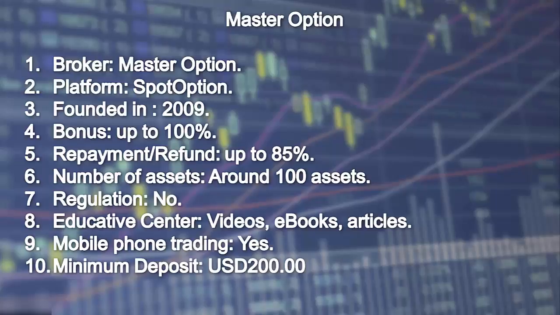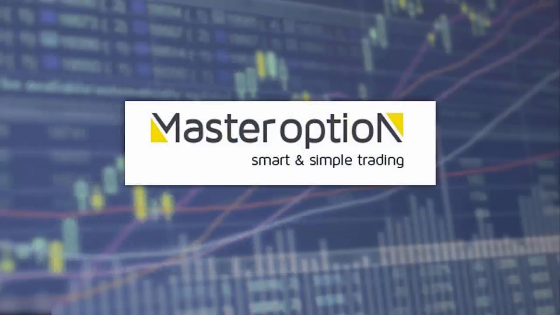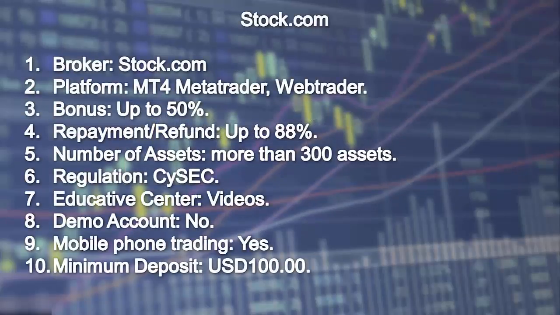Bonus, up to 100%. Repayment refund, up to 85%. Around 100 assets. No regulation. Educative center, videos, ebooks, articles. Mobile phone trading, yes. Minimum deposit, 200 United States dollars. Stock.com, platform MT4 MetaTrader and Web Trader. Bonus, up to 50%. Repayment refund, up to 88%. More than 300 assets. Regulation, SISEC. Educative center, videos. Demo account, no. Mobile phone trading, yes. Minimum deposit, 100 United States dollars.